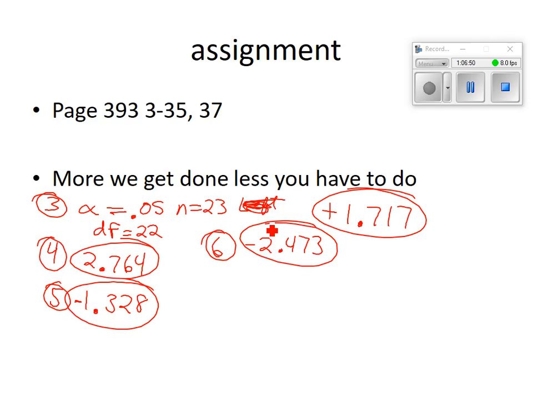Tell you what we'll do here, since we've got spring break. We've got 3 through 6. We've got 4 of them. Six more? No. Okay, let's do 7 through 37, the odd ones.